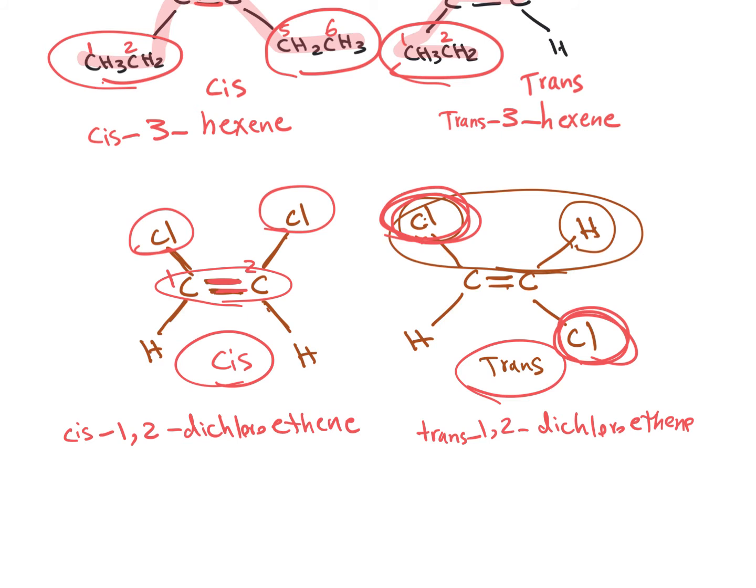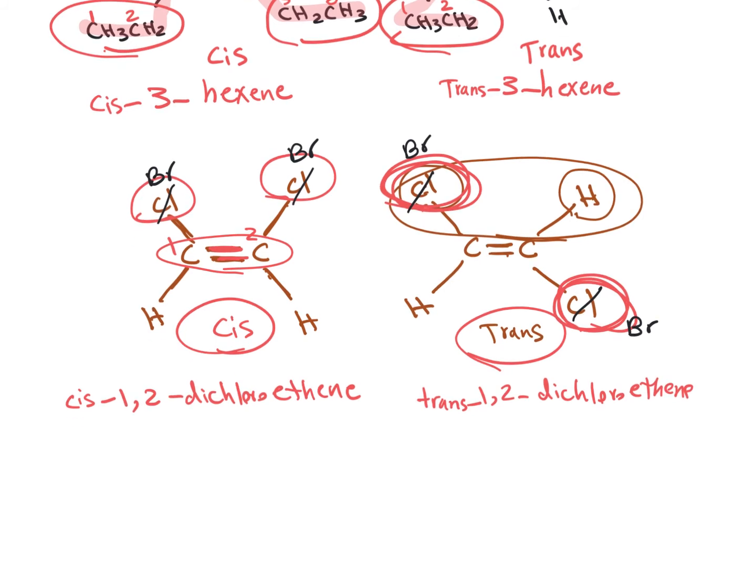So if I have the same structure and here I substitute this with Br, it can be another example. So it would be cis-1,2-dibromoethene, trans-1,2-dibromoethene.